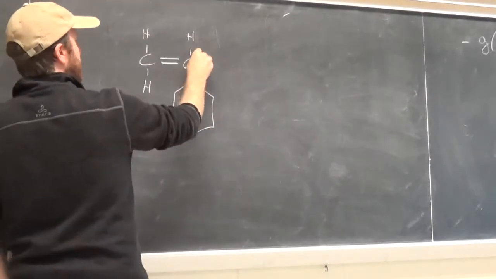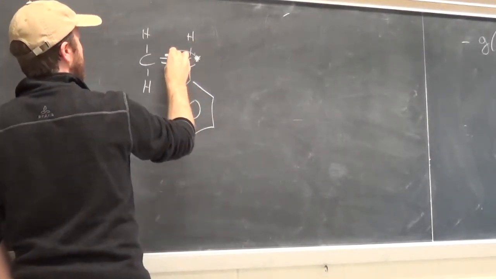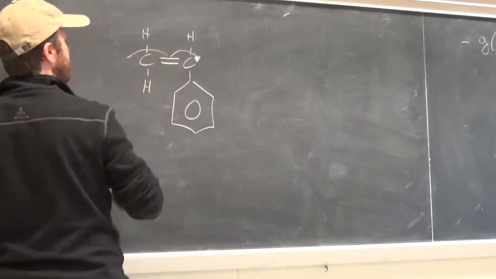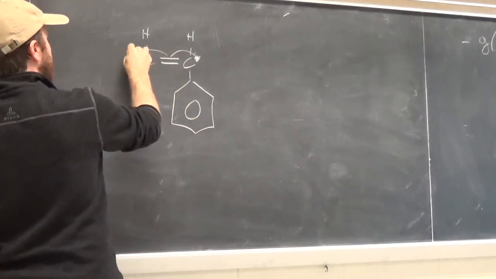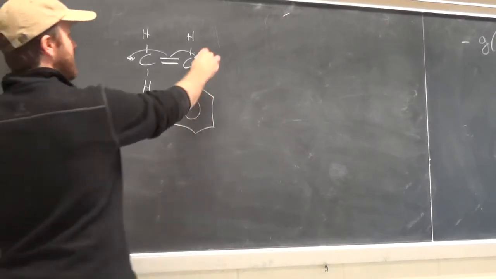We could form the radical here, where one bond goes there and then we make another bond here. Or we can form the radical here. Which site do we form the radical on? We form it on this one, right?